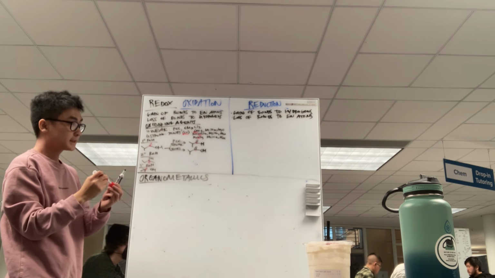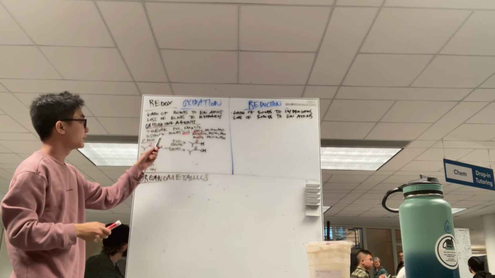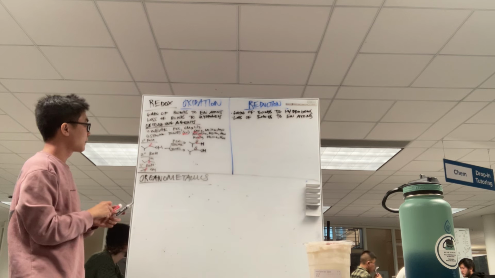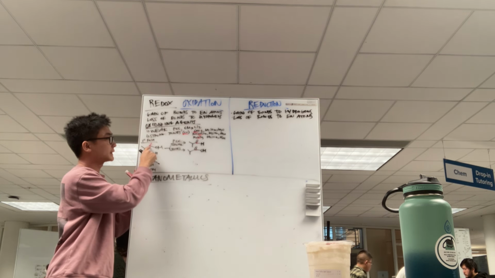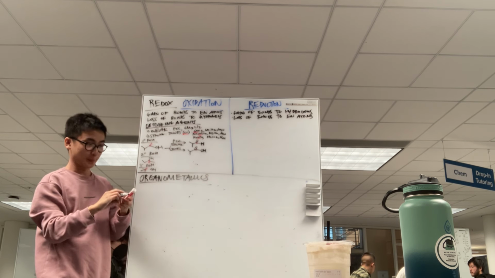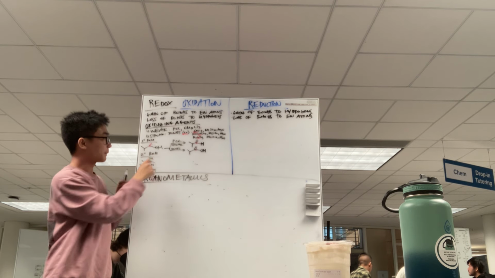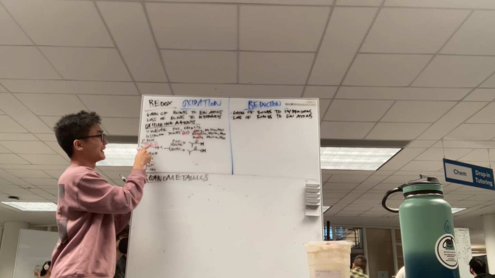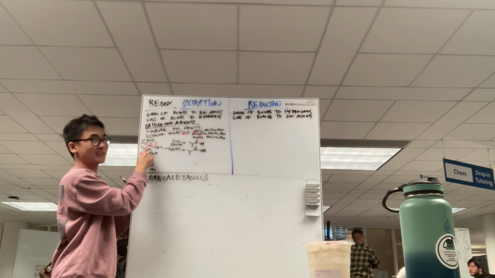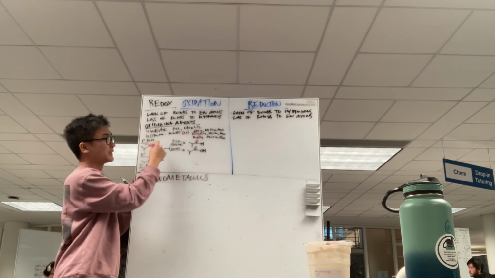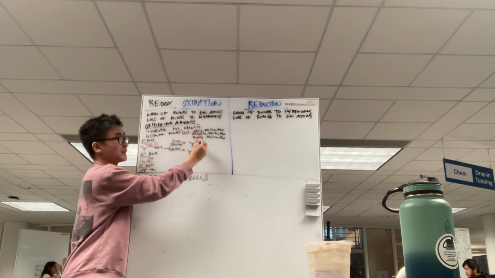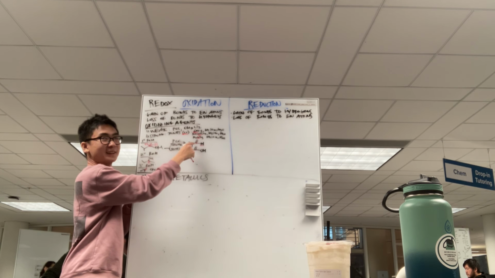Now, the reason why PCC is a weak oxidizing agent is because, well, how many bonds to hydrogen do you see on this carbon here? 2, correct? How many bonds to oxygen do you see on this carbon right here? 1. If you look at the product from the weak oxidizing agent, how many bonds to hydrogen do you see on this carbon here? 1. How many bonds to oxygen do you see here? 2.